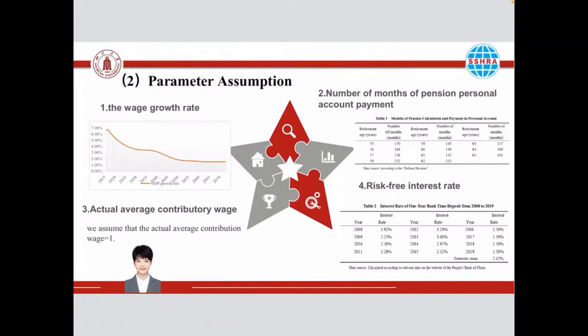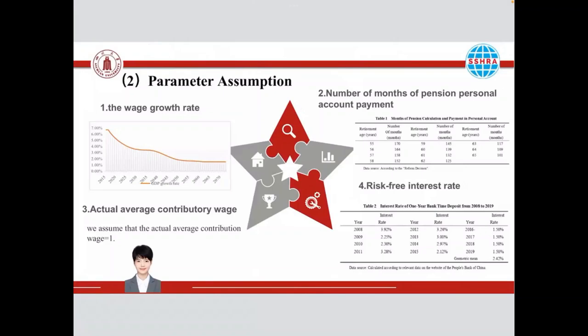Next, we make some assumptions about the relevant parameters. It's assumed that the wage growth rate is equal to the GDP growth rate. According to the reform decision, the number of months corresponding to the retirement age of 55 to 65 is shown in Table 1.